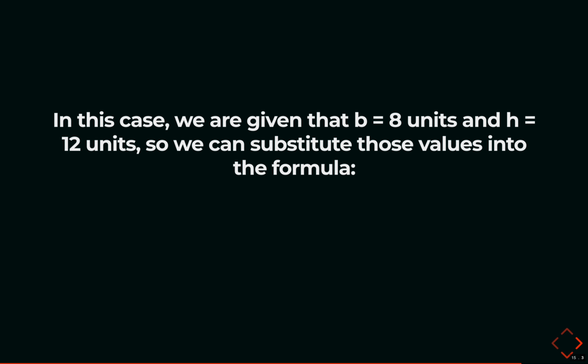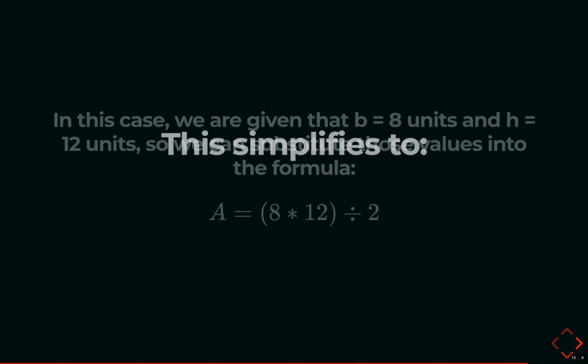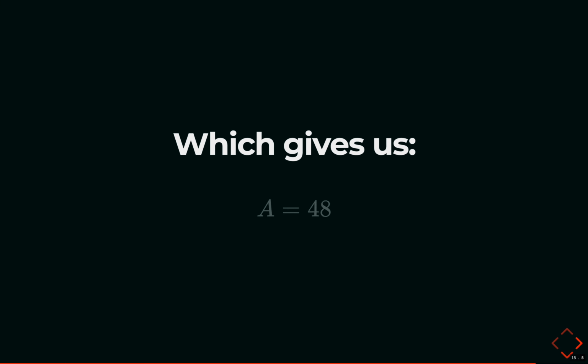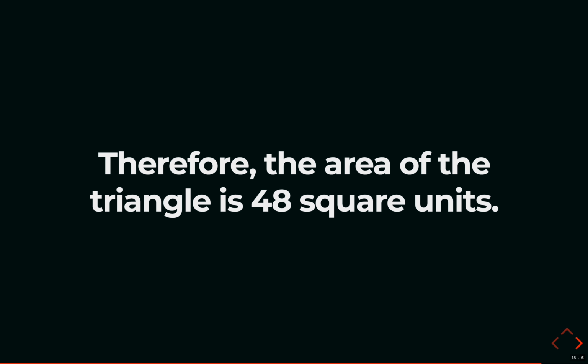So we can substitute those values into the formula, giving us area equals 8 times 12 divided by 2. This simplifies to A equals 96 divided by 2, which gives us A equals 48. Therefore, the area of the triangle is 48 square units.